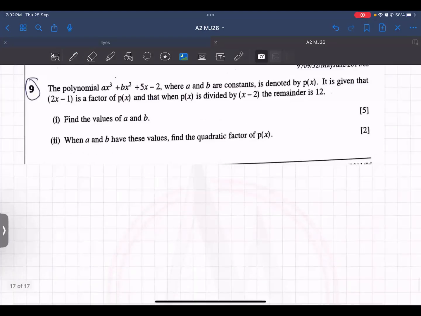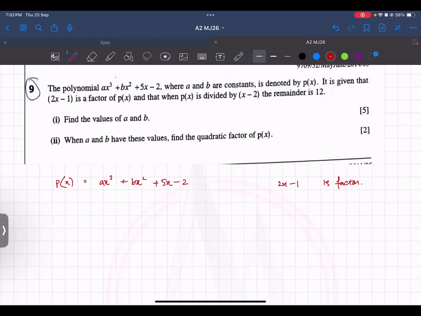The polynomial ax cube plus bx square plus 5x minus 2 is denoted by px. So there are, you can see, two unknowns which you want to find, a and b. And it is given that 2x minus 1 is a factor, and it is given that x minus 2 gives the remainder 12.